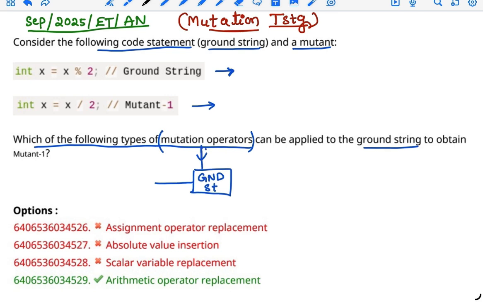Mutation means if you apply any operator, it changes. Mutation means changes, and it can be applied to the ground string to obtain the mutant one, and the result is the mutant one.